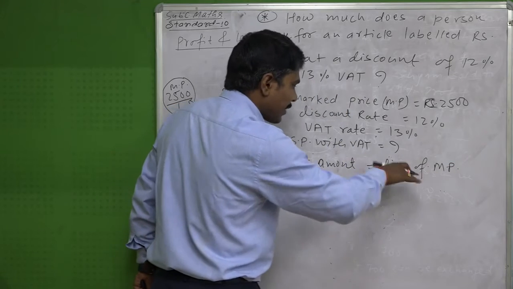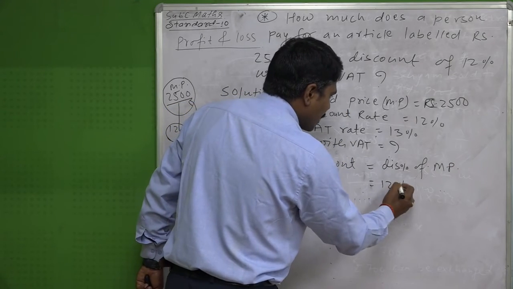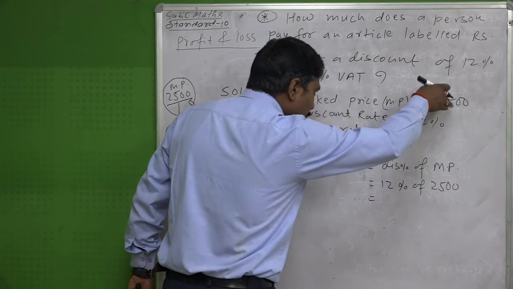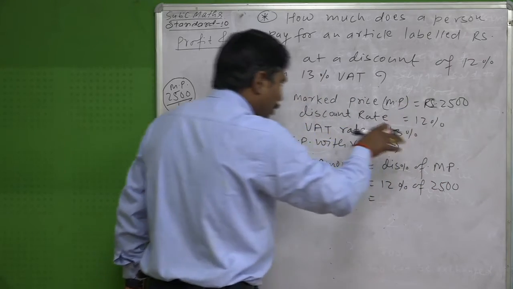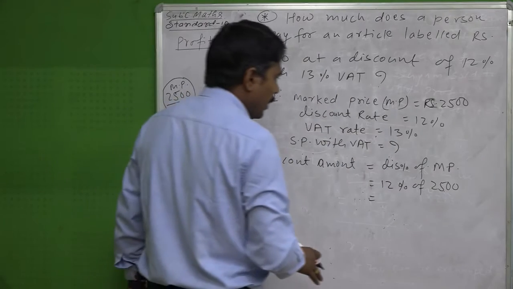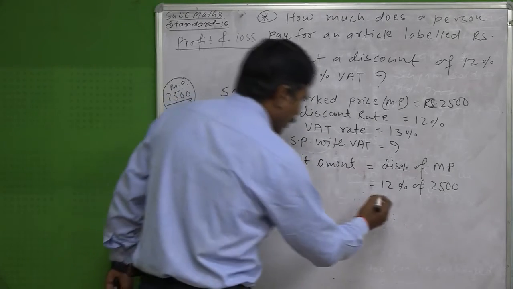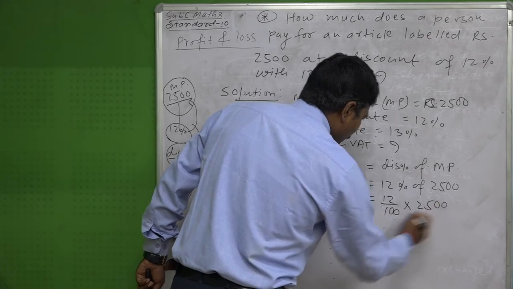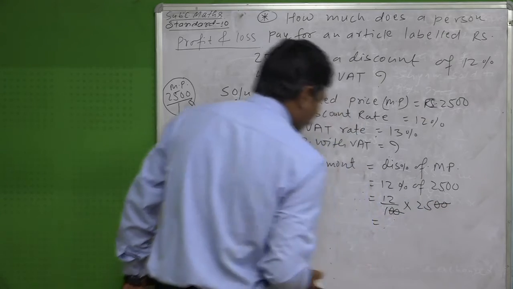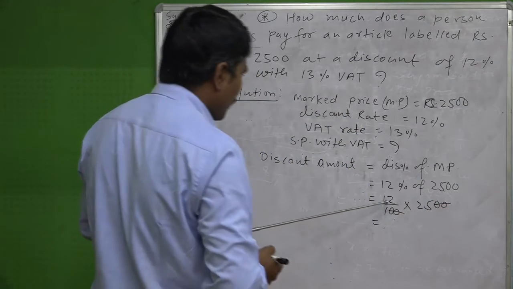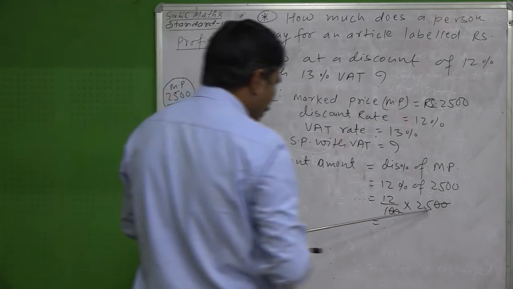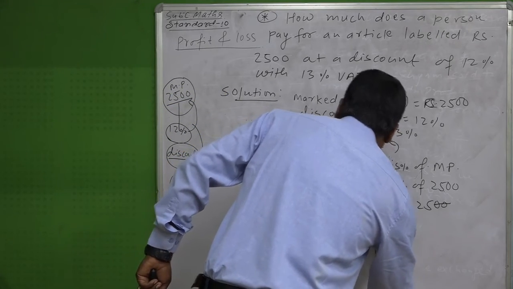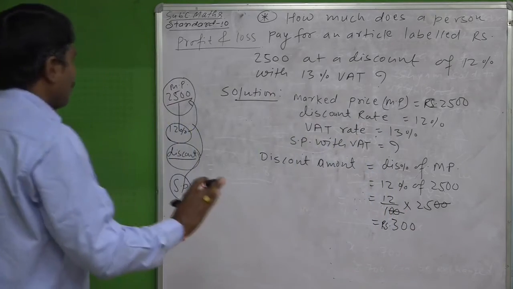You can write directly here 12% of 2500, because the discount is given on this 2500. So 12 divided by 100 into 2500, the 100 cancels with 25, then 12 into 25 is 300. So 300 is our discount amount.